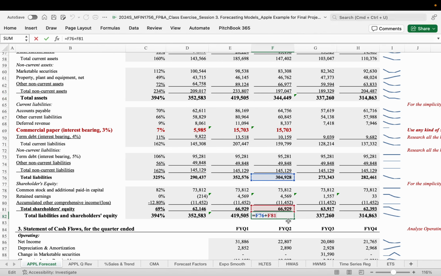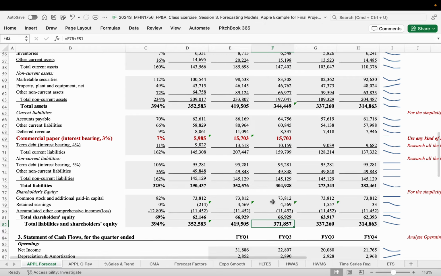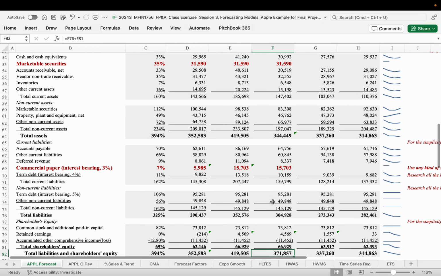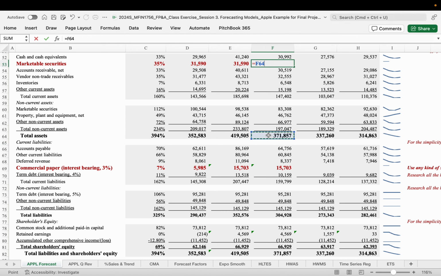Then okay, so which one is bigger now? Right, this quarter two, the total asset or total liabilities. Total liabilities is bigger. Now is the time to revise this by balancing out first total asset and the total liabilities, right? So here, let's put this total asset minus.